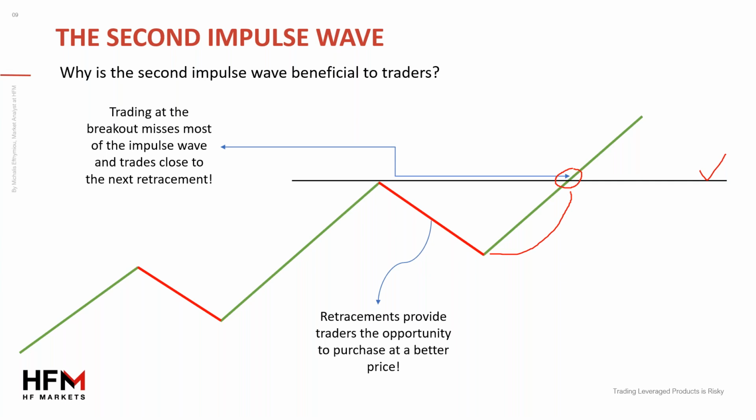You've missed so much of the price movement that you potentially could have been speculating and earning a profit on. The second thing is the breakout level is normally at 80% of the whole wave. So you've missed 80% of the whole wave and you're trading at the very end of the impulse wave.